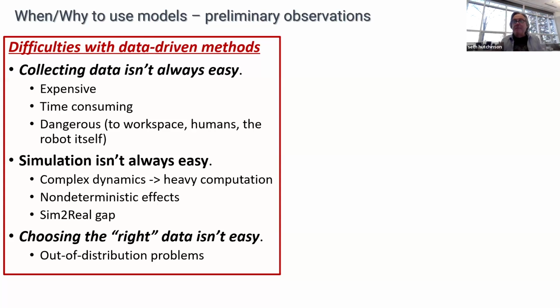Finally, even if you have the money and the time, choosing the right data isn't always easy. And the name of the problem that goes with this is out of distribution errors, or out of distribution problems. And the idea here is you have a robot that learns a bunch of stuff, goes out into the world and starts doing things, and it encounters situations that are nothing like what it saw during its training.